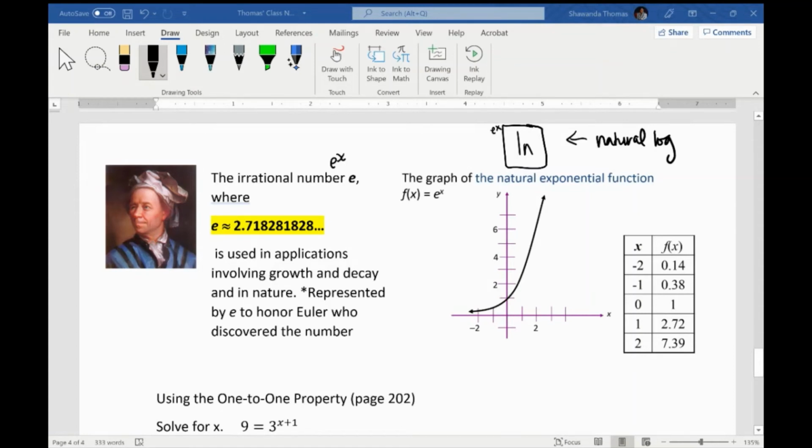Let me throw out a random e to the something and see if you get the right answer. What is e to the -5? Give me 3 decimal places.